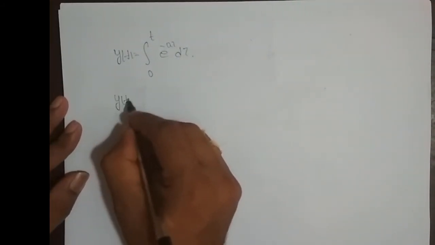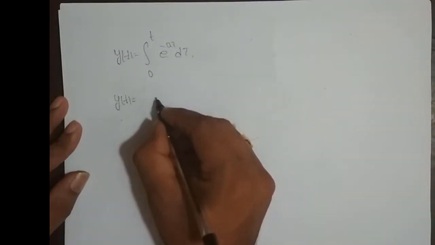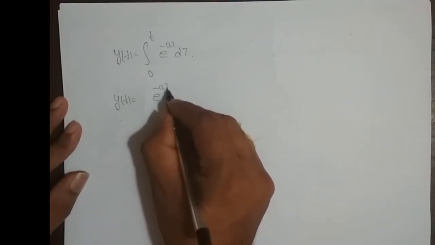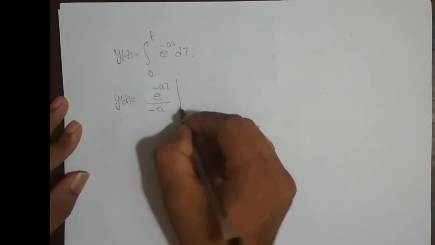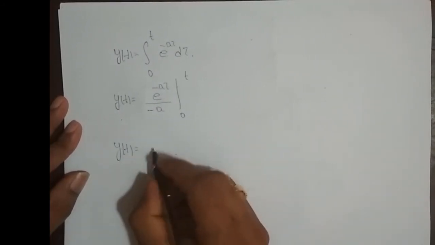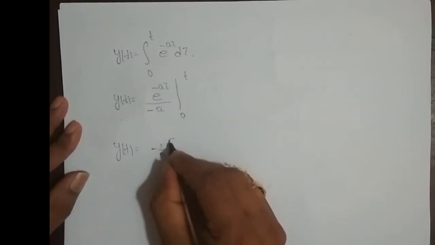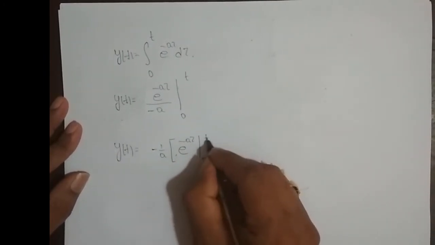So y of t is equal to, what's the integration of e power minus a tau with respect to tau? It is nothing but e power minus a tau divided by coefficient of tau, which is minus a, and the limit is 0 to t, right? So y of t is equal to minus 1 by a, I will take it out, and left out is e power minus a tau, with the integration limit.